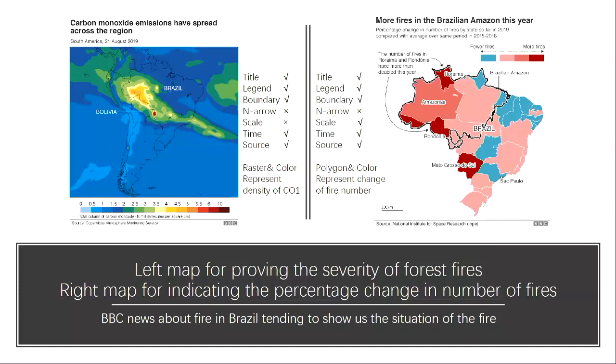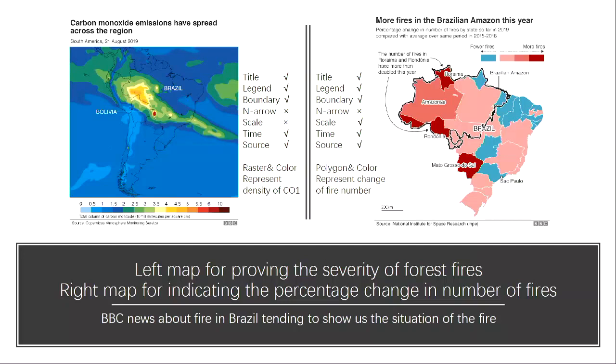He needs to change. Can I have 30 more seconds? Thank you. So, on the one hand, the BBC News wants to show us how bad the fire is. Using these two pictures, you can see this. Everyone knows the element. I want to say that again. You can know the fire is so severe.